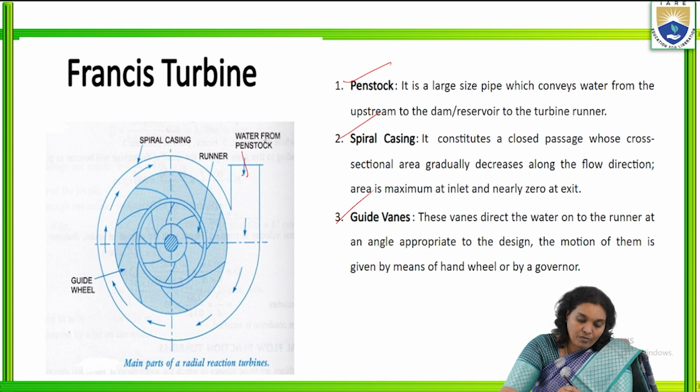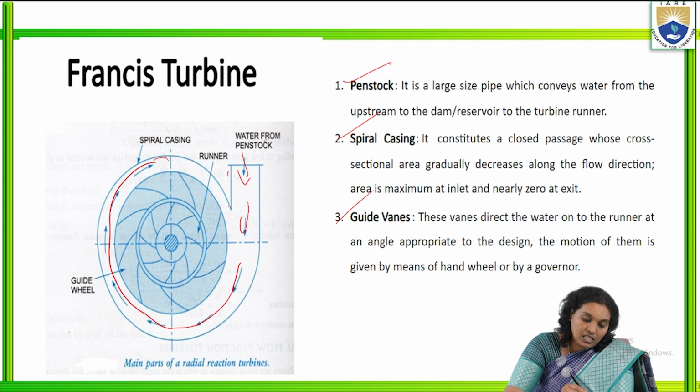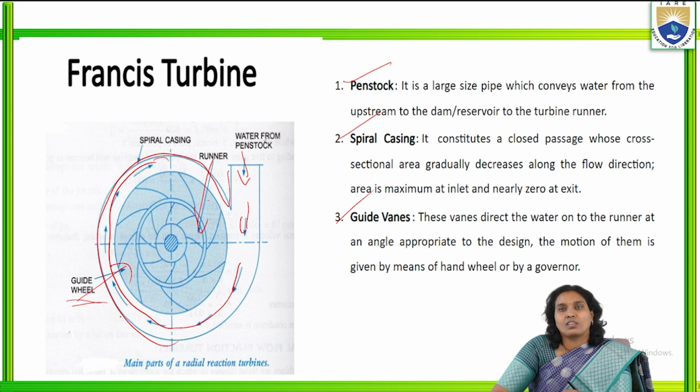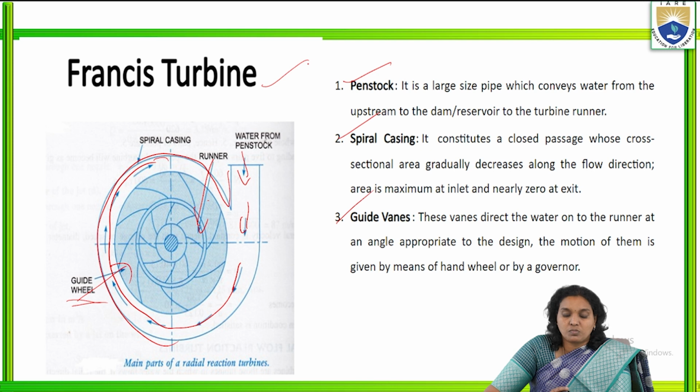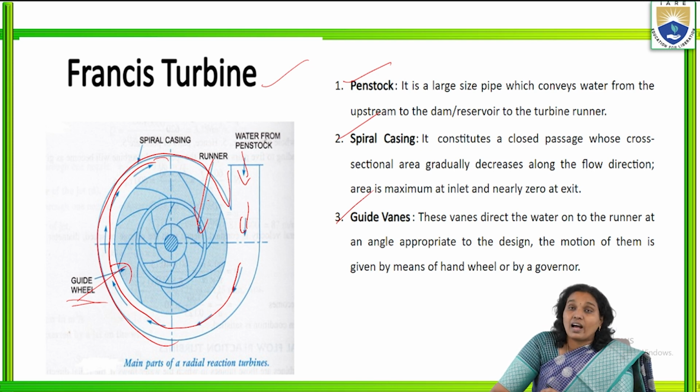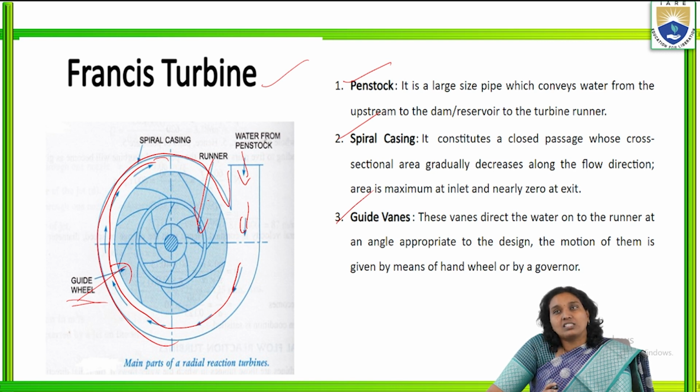This is the penstock, this is the spiral casing, this is the runner, and this is the guide wheel for the Francis turbine. The components are the penstock, spiral casing, and guide wheels or guide vanes.